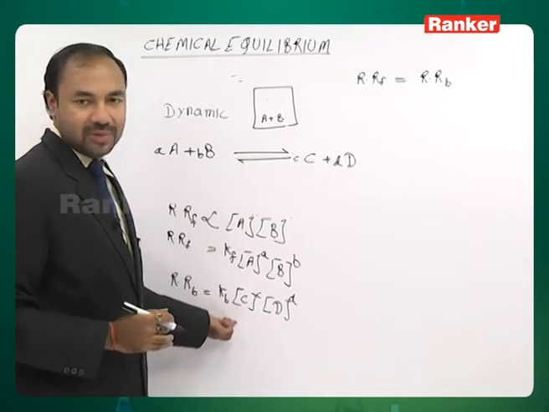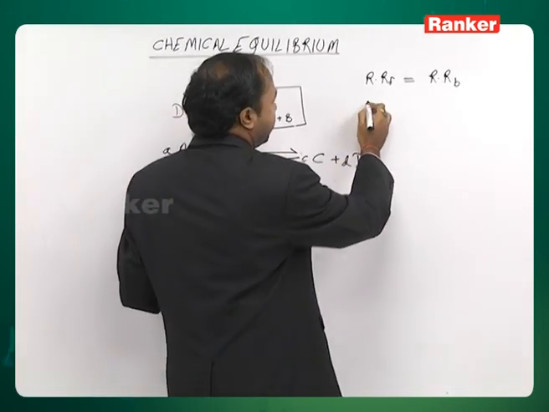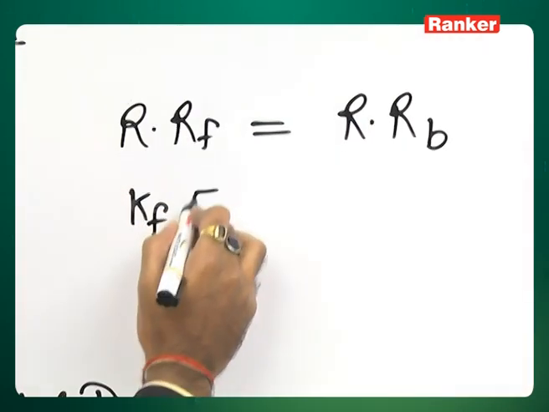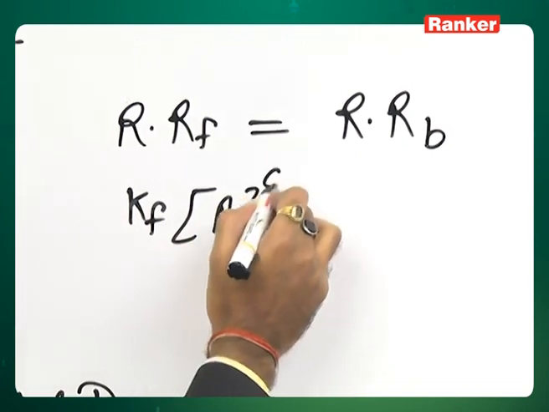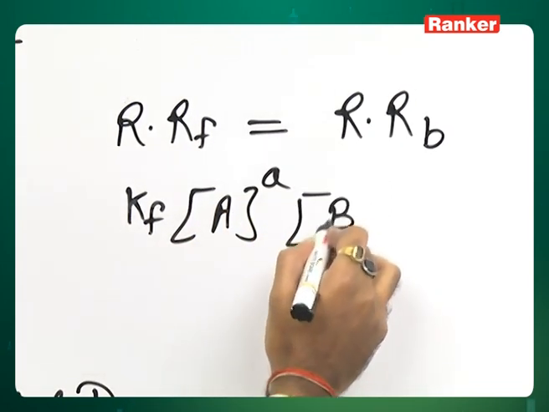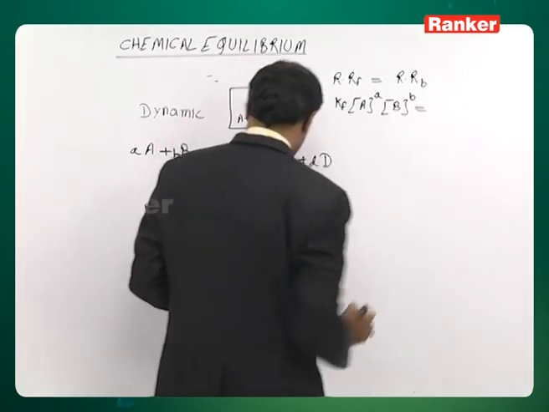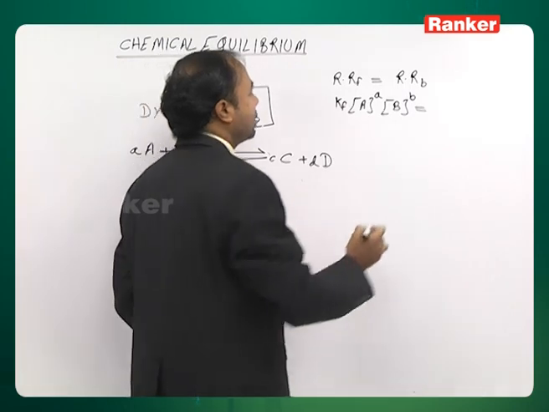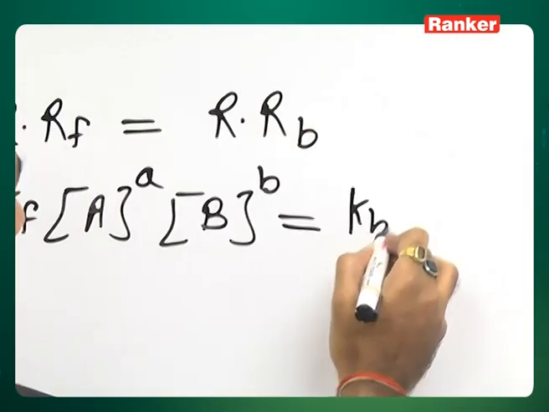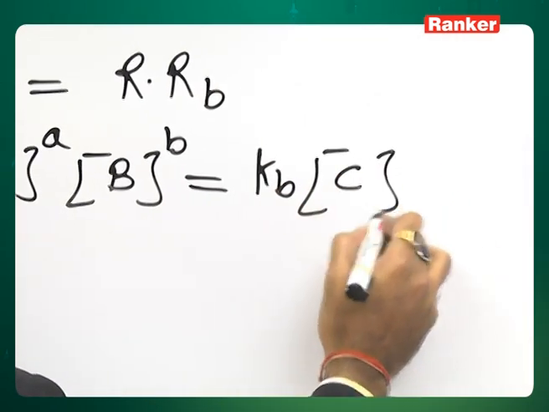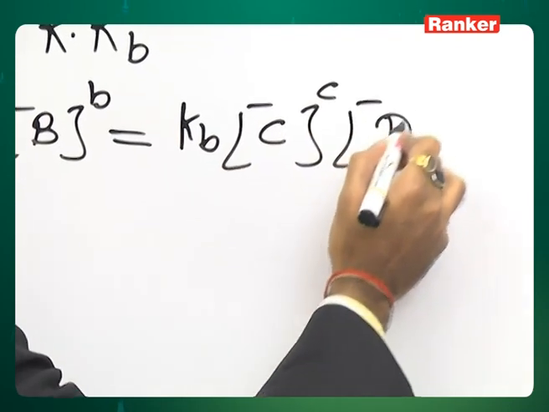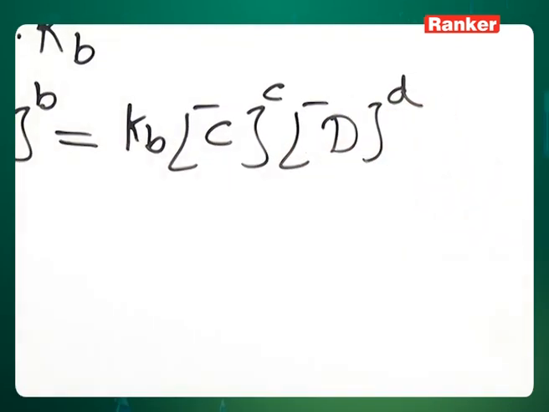We substitute the values here. This becomes Kf into concentration of A power a into concentration of reactant B power b, equal to Kb into concentration of C power c into D power d.